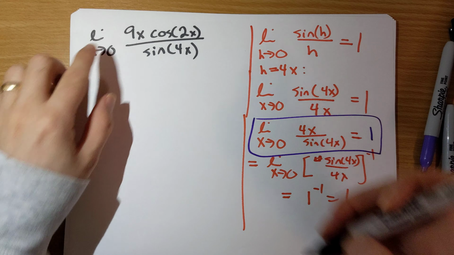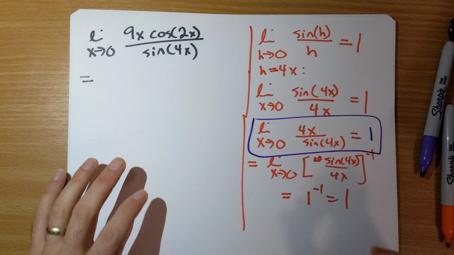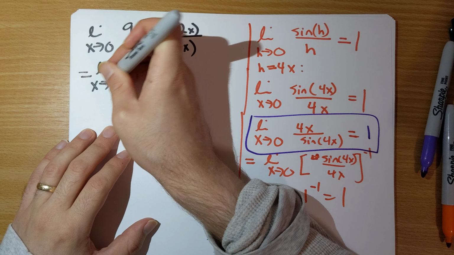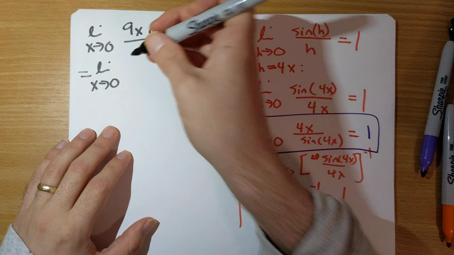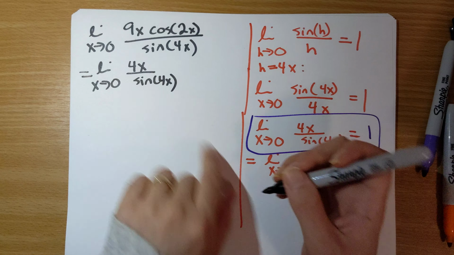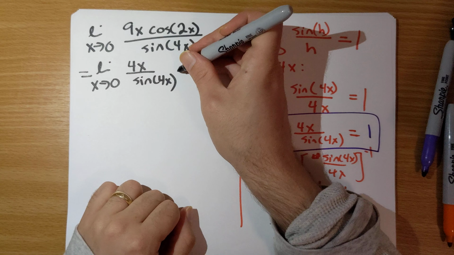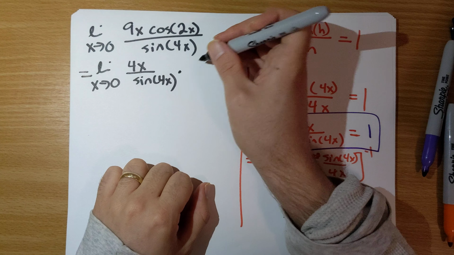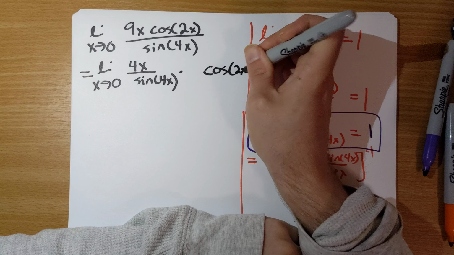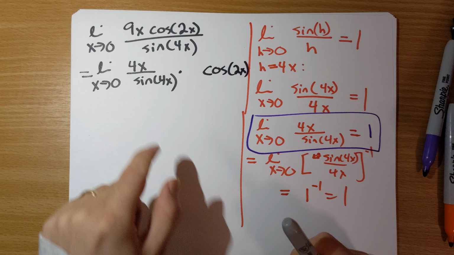Let's go back over here and tease out a 4x over sine of 4x. So the limit as x goes to 0 of, I'm going to write this as 4x over sine of 4x. We know that this limit here is going to equal 1. And I'm going to split off what is left over. We have a cosine 2x factor.